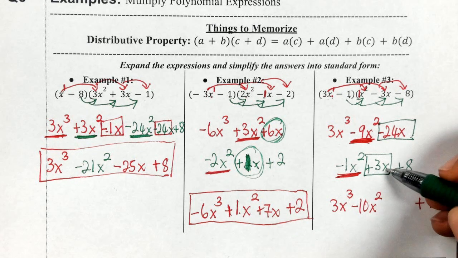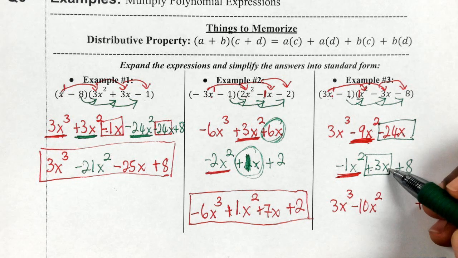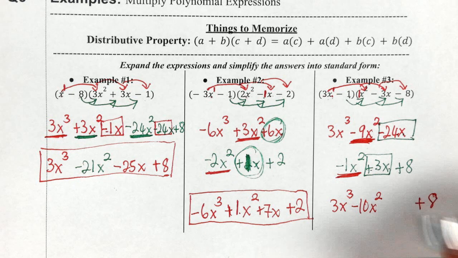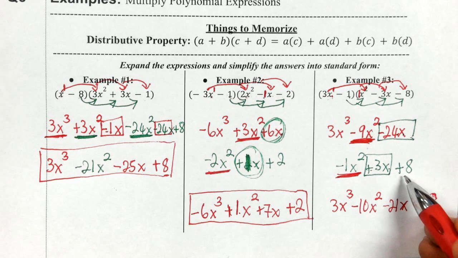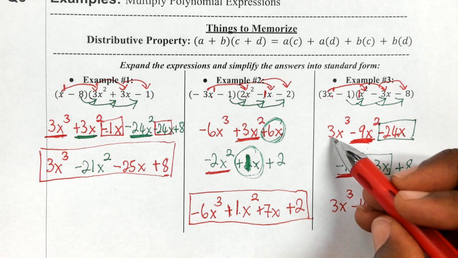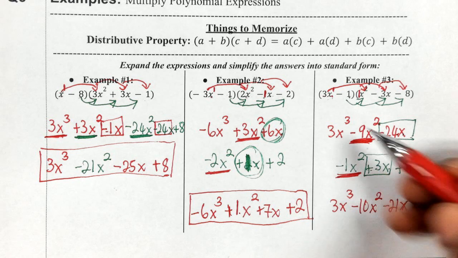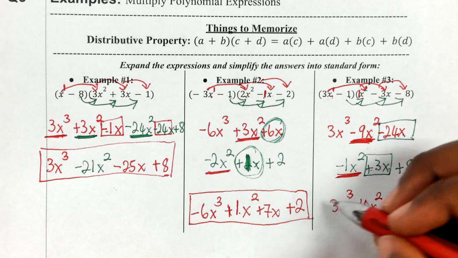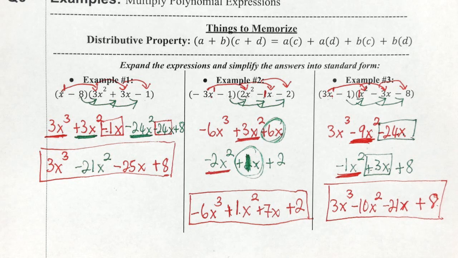Those are my only x's. So negative 24x plus 3x is negative 21x. Alright? And as you know, the 8 does not have a like term, so you bring it down. The same way how this 3x cubed, or 3x to the third power, did not have a like term, so we brought it down. And this is my answer. So again, guys, just like that.